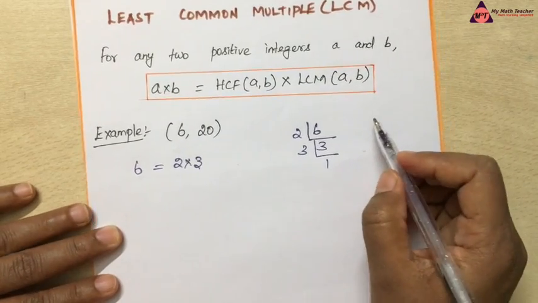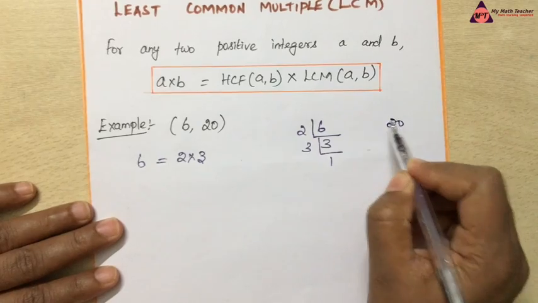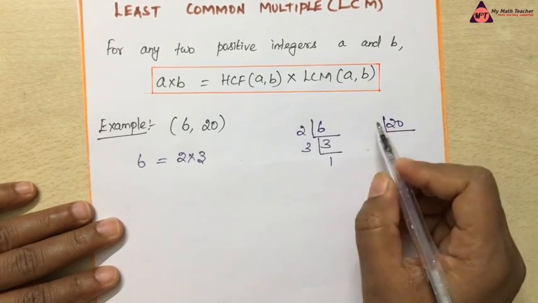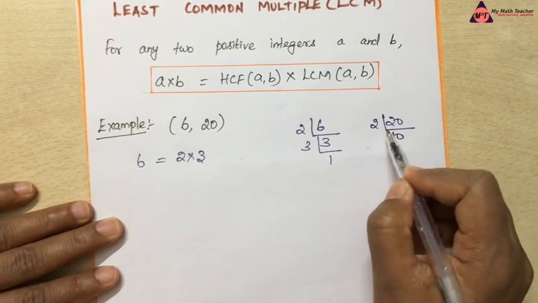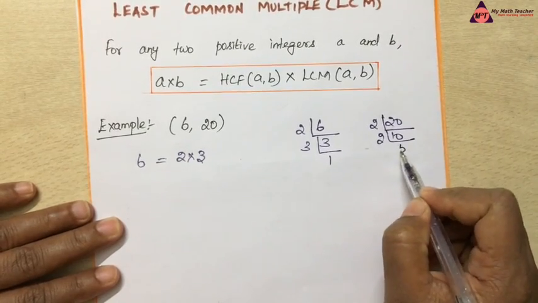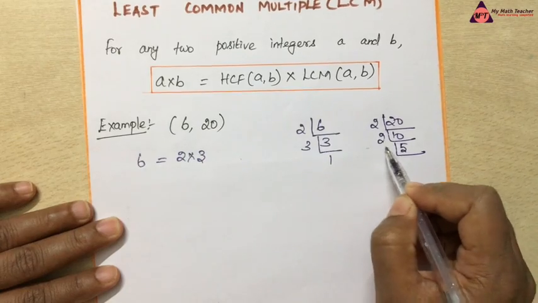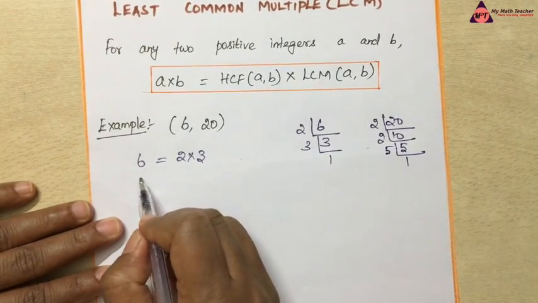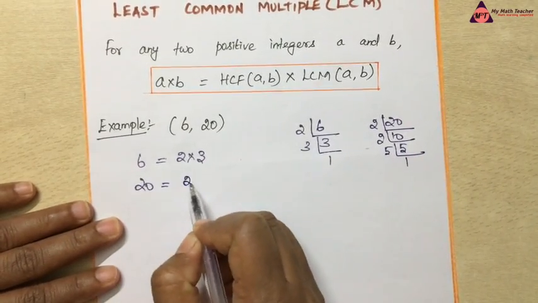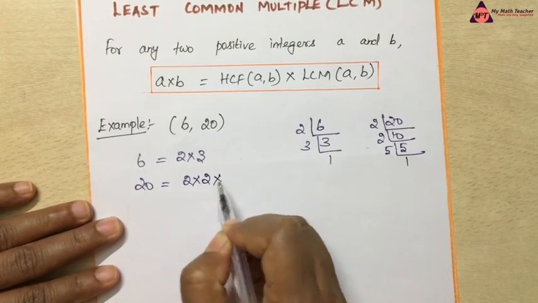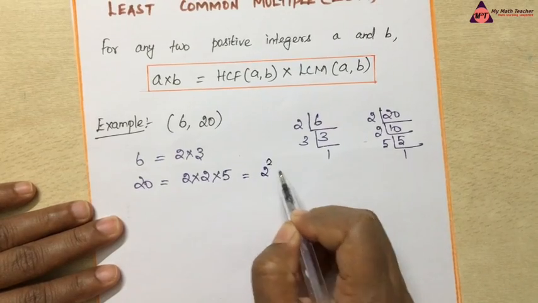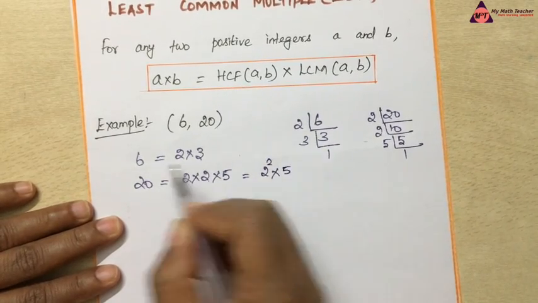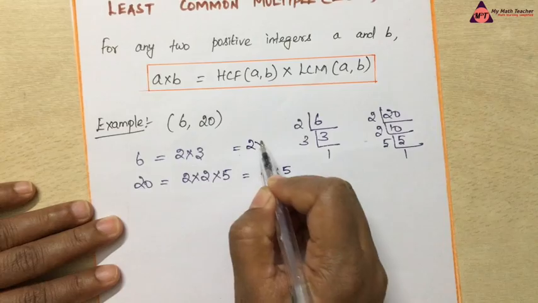Next, number 20. 20 divided by the prime factor 2 is 10, again 2 gives 5, and 5 gives 1. 20 can be written as 2 into 2 into 5, which is 2 square multiplied by 5. Here the same 2 into 3.